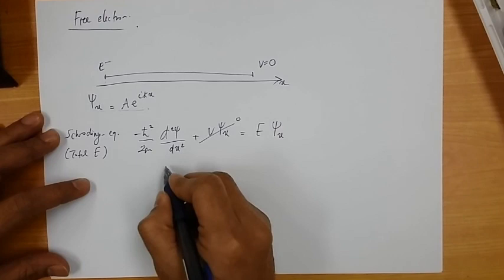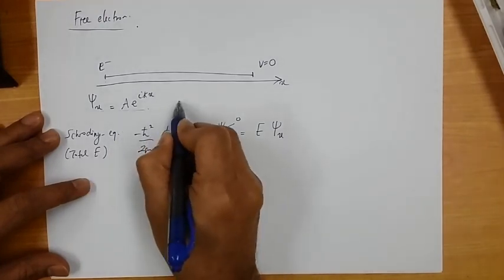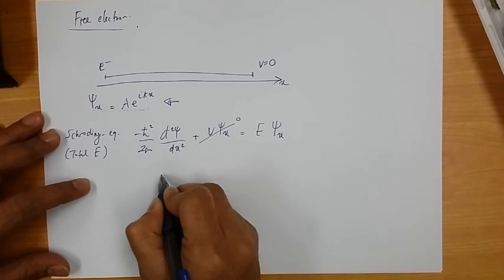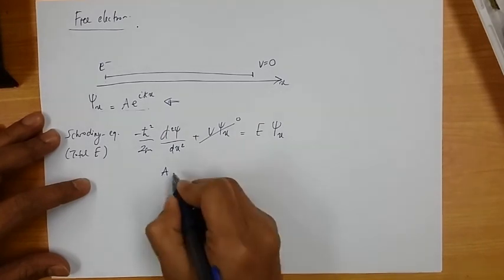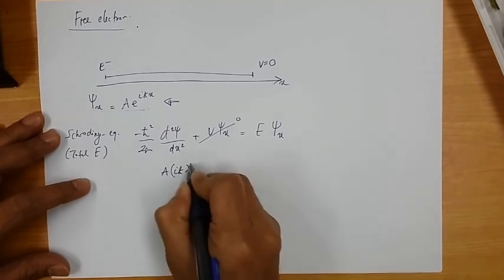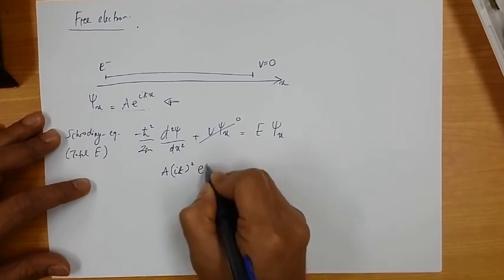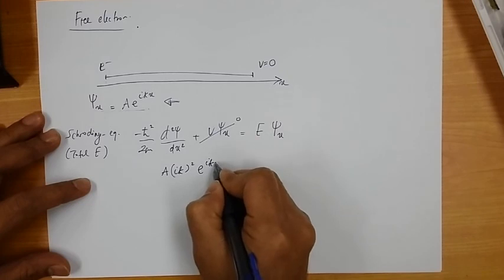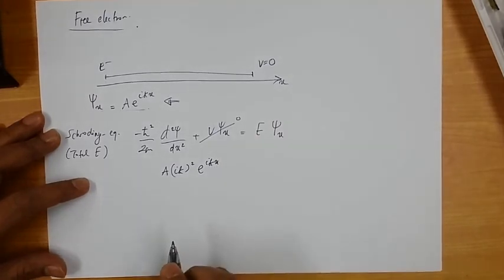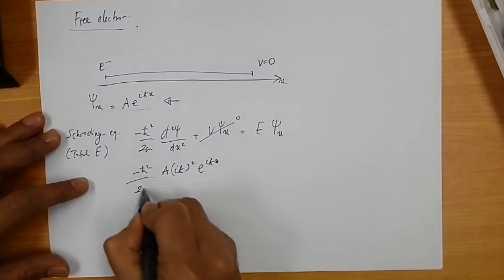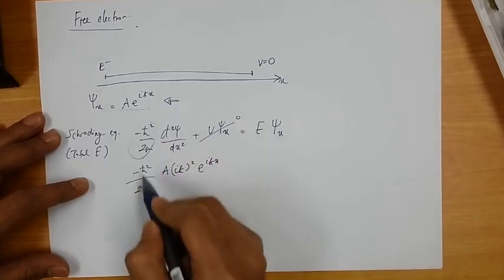That will give you the product of the second derivative, which would be A times (ik) squared and e^(ikx). And this constant comes here.